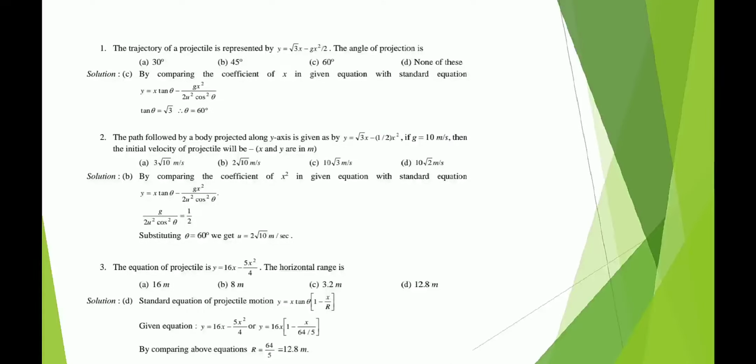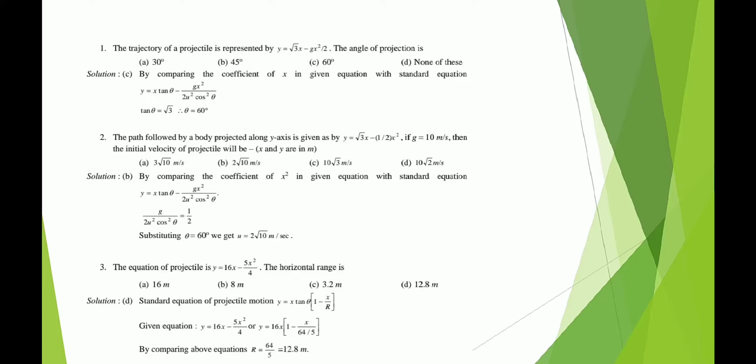The equation of the projectile is y is equal to 16 x minus 5 x square by 4. The horizontal range is, the standard equation is like this: y is equal to x tan theta minus g x square by 2 u square cos square theta.